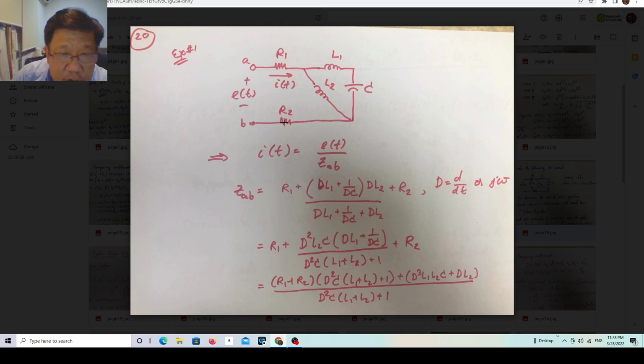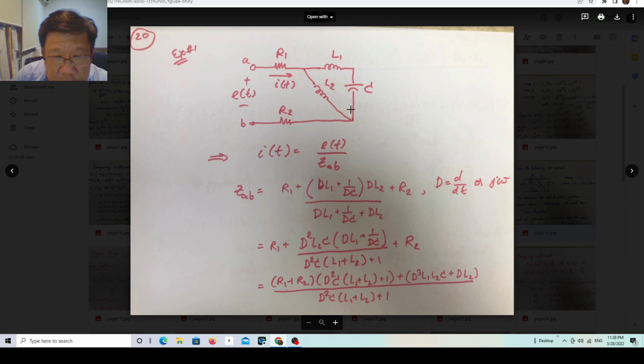So you can see that R1 and R2 are connected in series. But in the middle is L in series with C, and the total impedance will look like this: DL1 plus 1 over DC. This is all plus because they are connected in series.